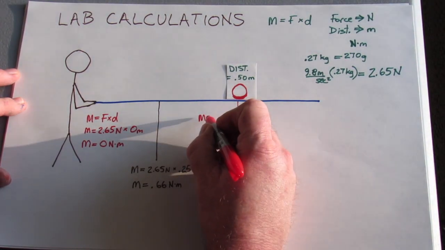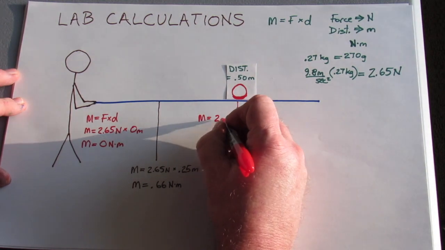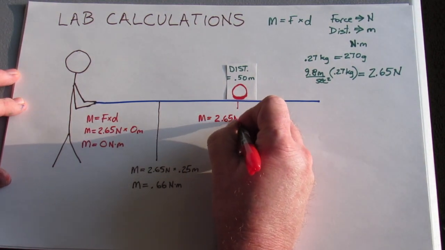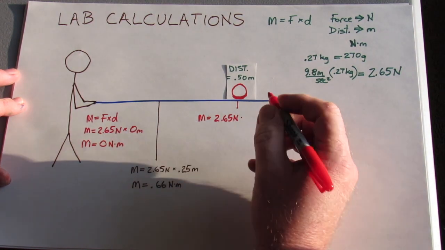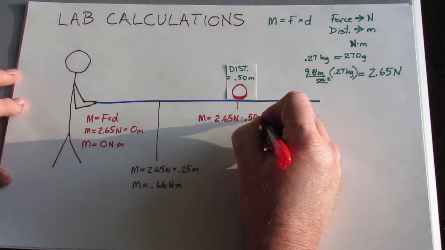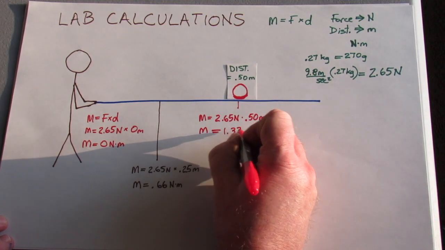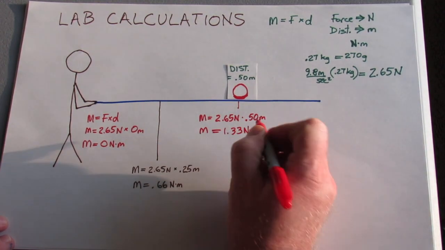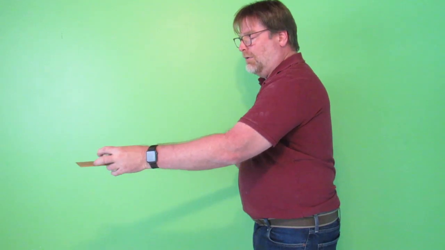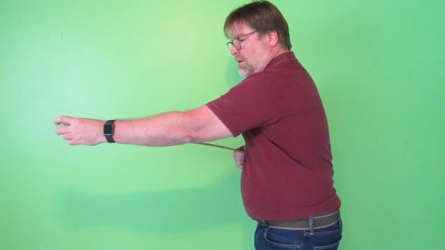The moment is equal to 2.65 newtons times 0.5 meters. That equals 1.33 Newton meters.